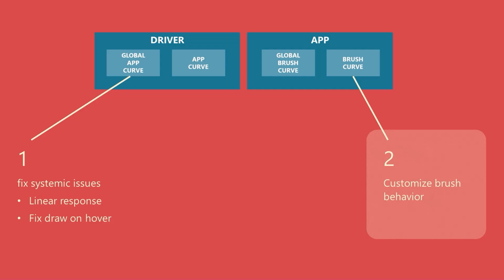So there, I might make the pressure curve more sensitive to pressure. Or maybe I'm doing some sort of special trick with pressure to achieve a certain kind of artistic effect. These kinds of things are highly specific to what I am drawing and the specific brush and my expectations around it, so I create customizations for those specific brushes.